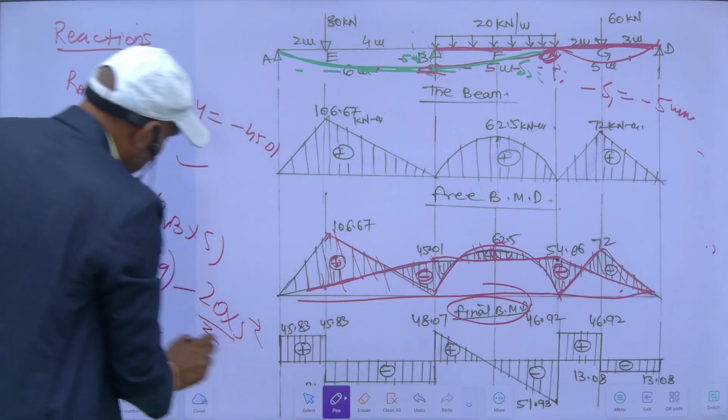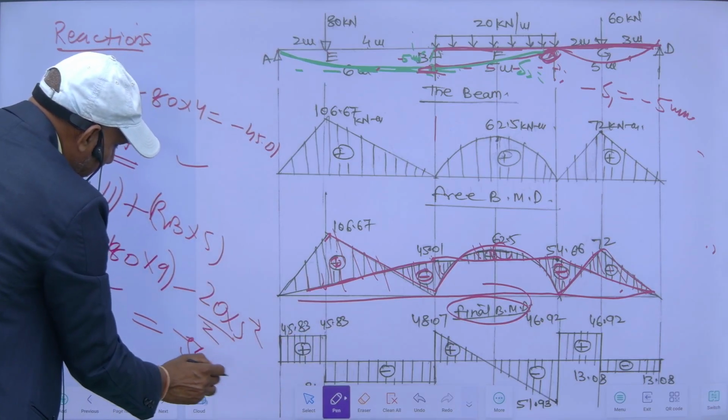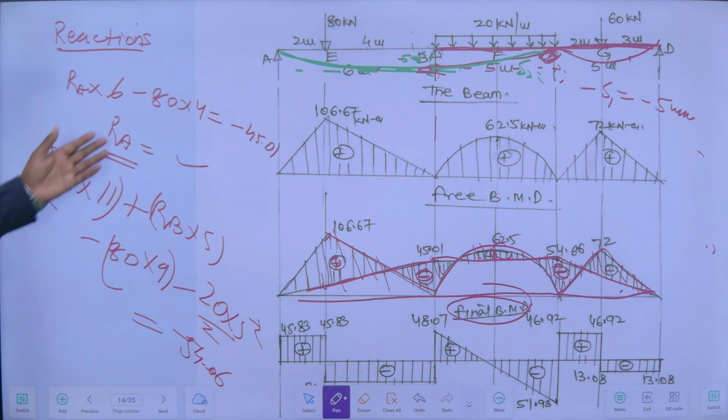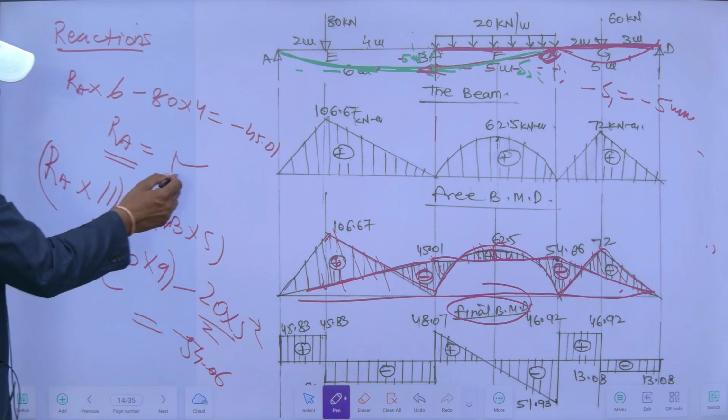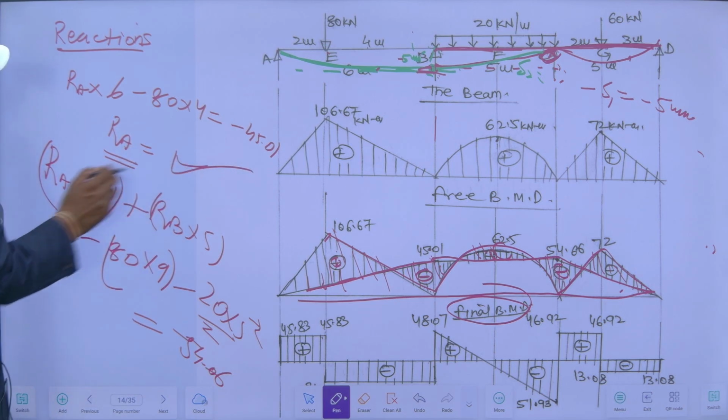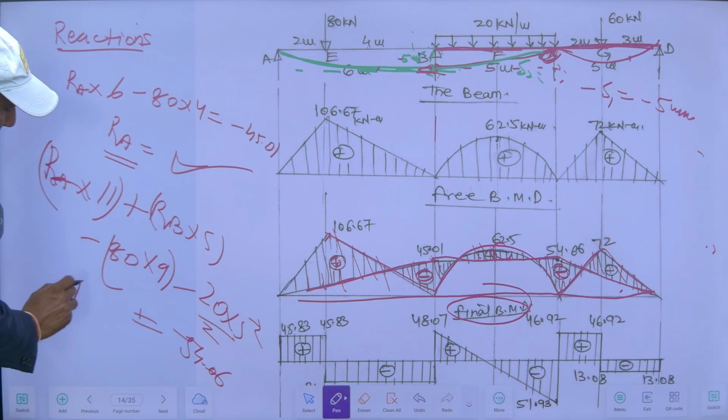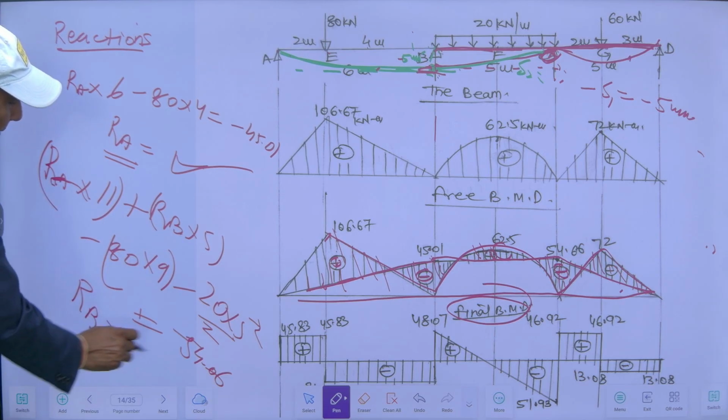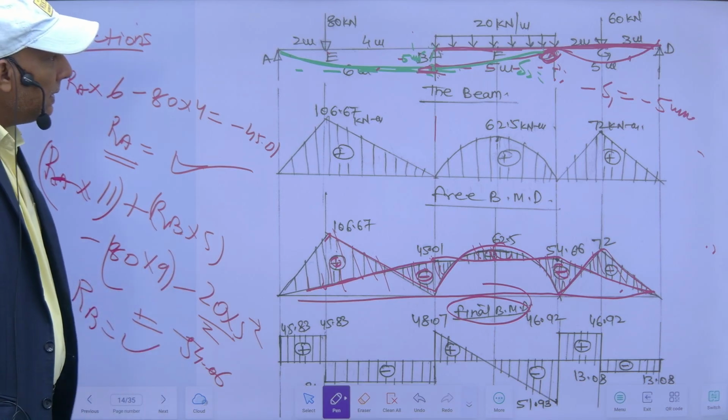It is minus 54.66. So by putting this value of RA in this equation, I will get RB.